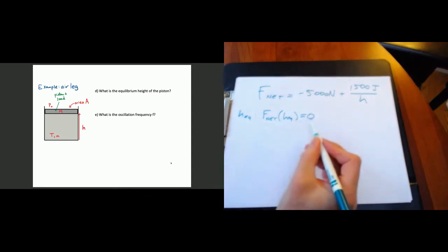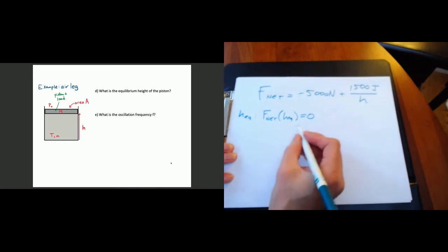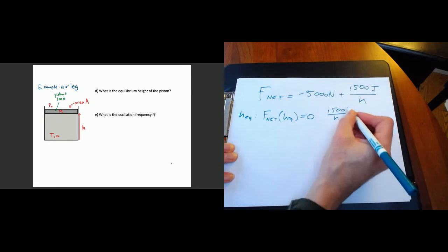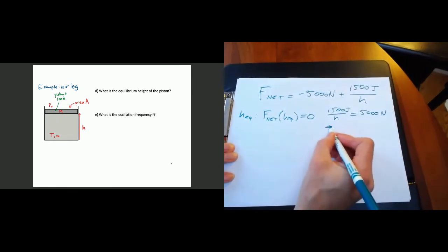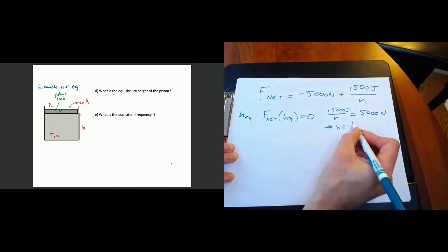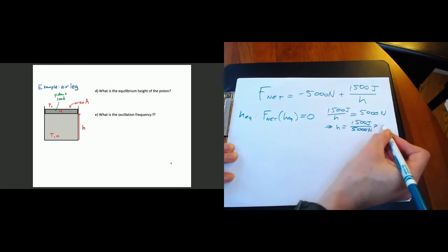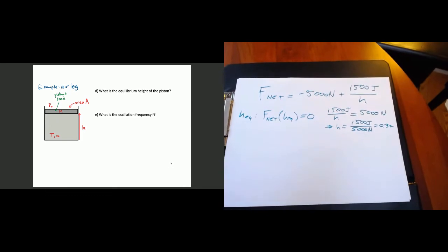It's just where the net force is equal to 0. And so working that out, we end up getting 1,500 over H equals 5,000 newtons. And then that means that H equals 1,500 joules over 5,000 newtons. And these are all SI units, so we know that the final thing is going to be in meters. So that gives us H equals 0.3 meters as our equilibrium position.